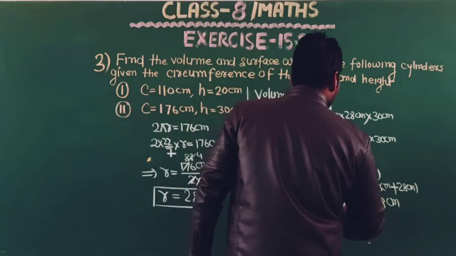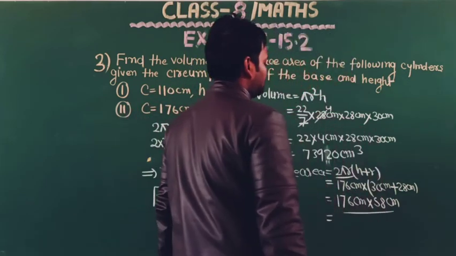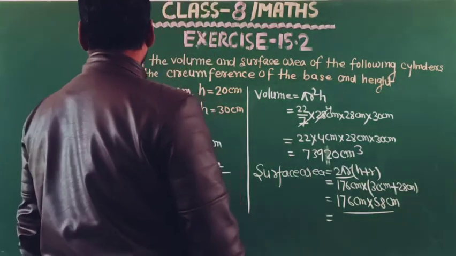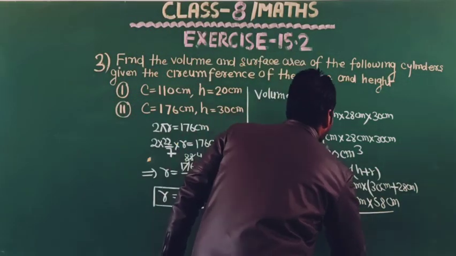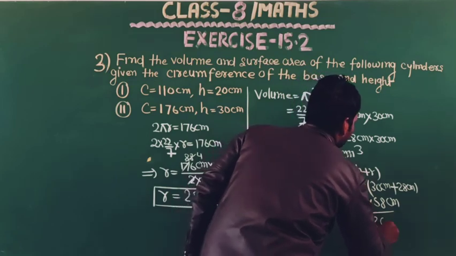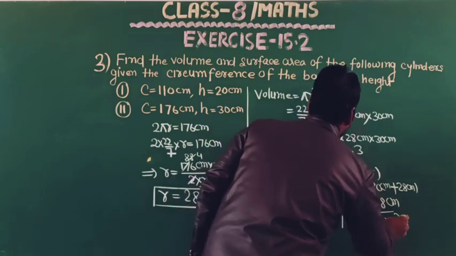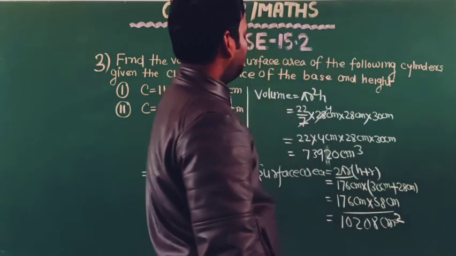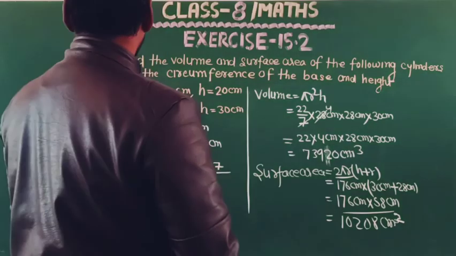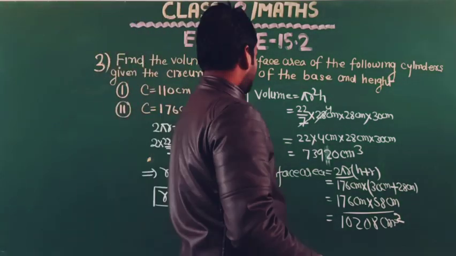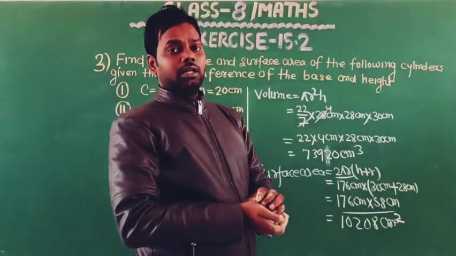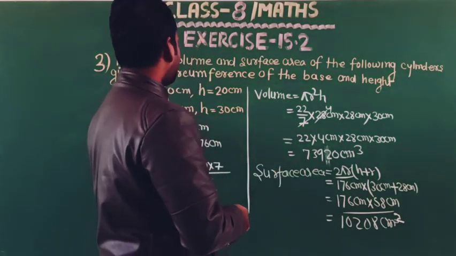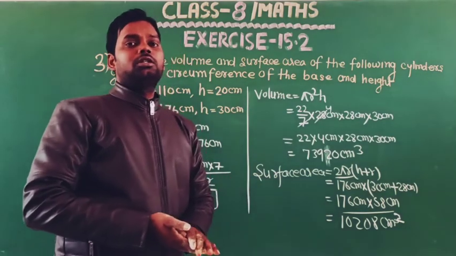After multiplication, 176 centimeter into 58 centimeter, we will get 10208 centimeter square. This is the total surface area of the cylinder. So dear children, this is the required answer of second part of question number 3.